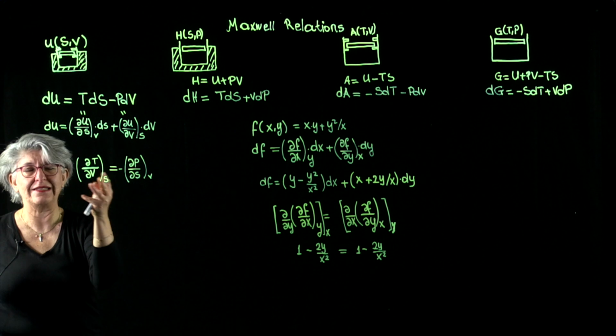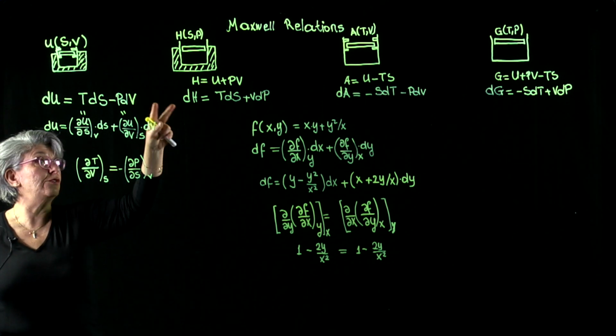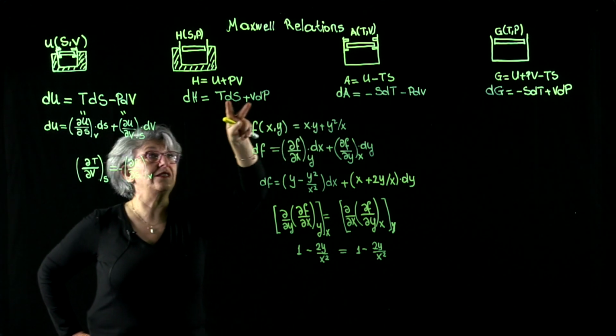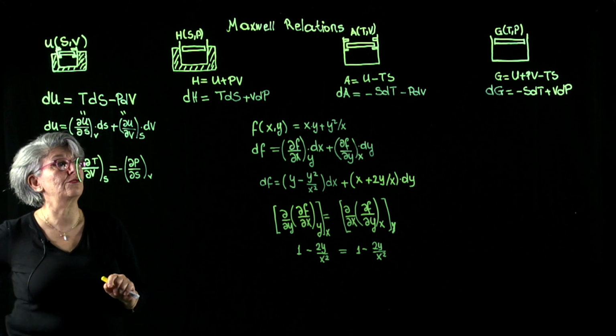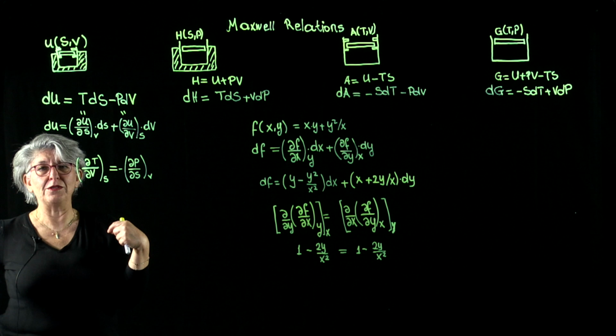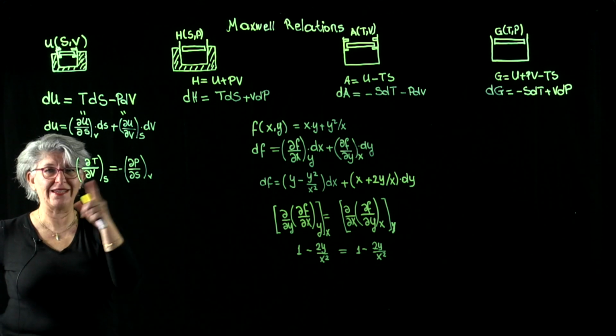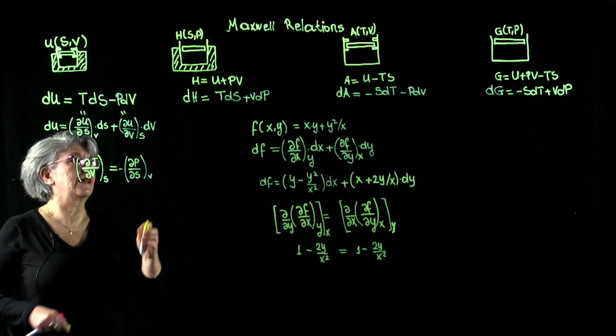It interrelates how they are related to each other. All right? And those four different forms of energy in the same logic are going to lend us new relationships which we will use to navigate in the thermodynamic landscape. So let me continue here.